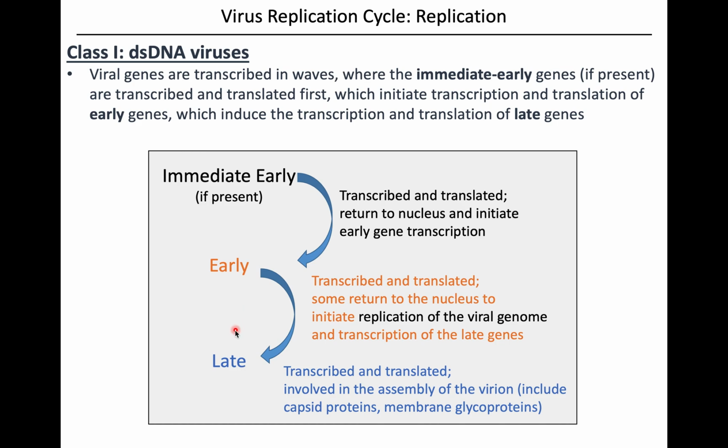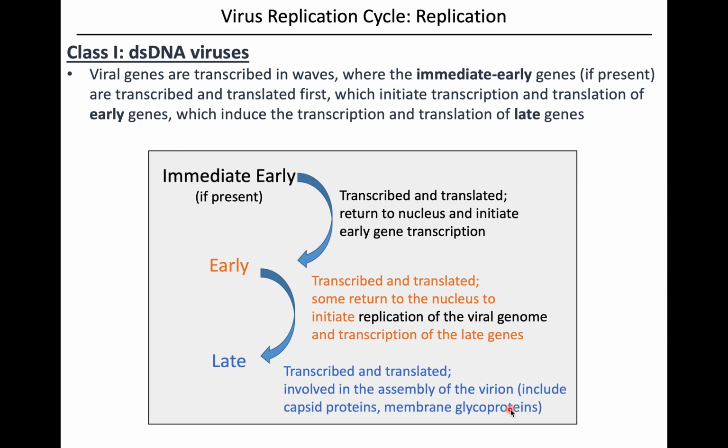You could imagine there could be an issue if the virus immediately started making capsid proteins and membrane glycoproteins, because the virus is not particularly smart. If it has those proteins, it's going to try to start assembling new virus particles inside the host cell.